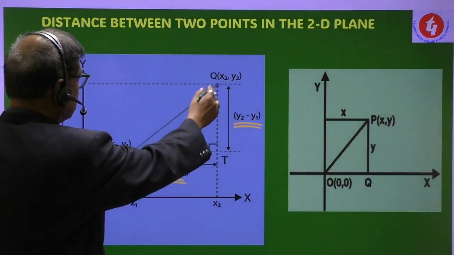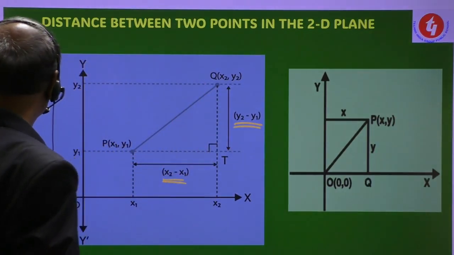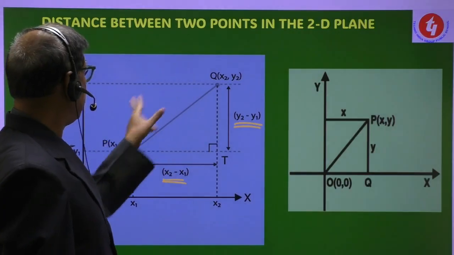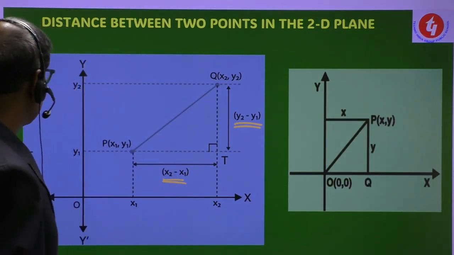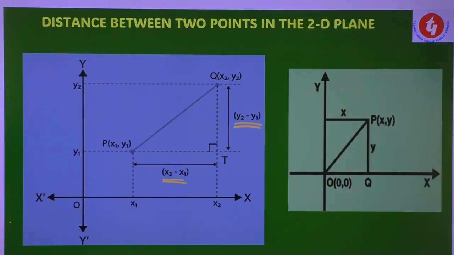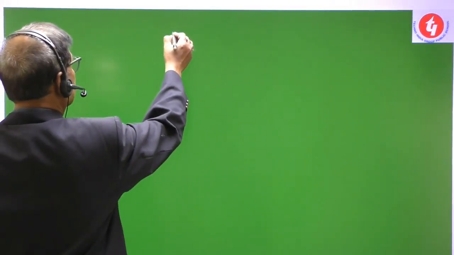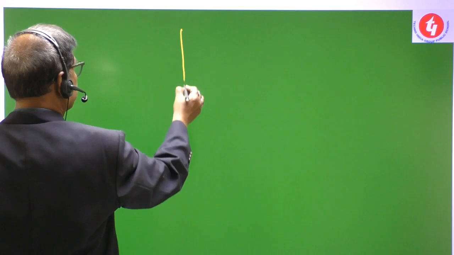And see here, this is a right angle triangle. Is it clear? PQT is a right angle triangle. So from this figure we are getting a right angle triangle.